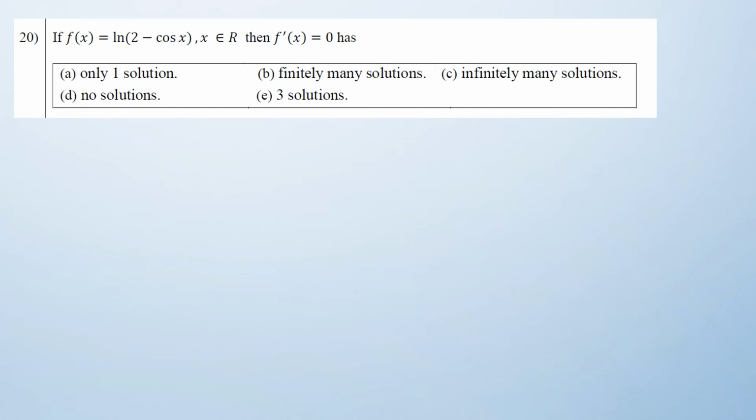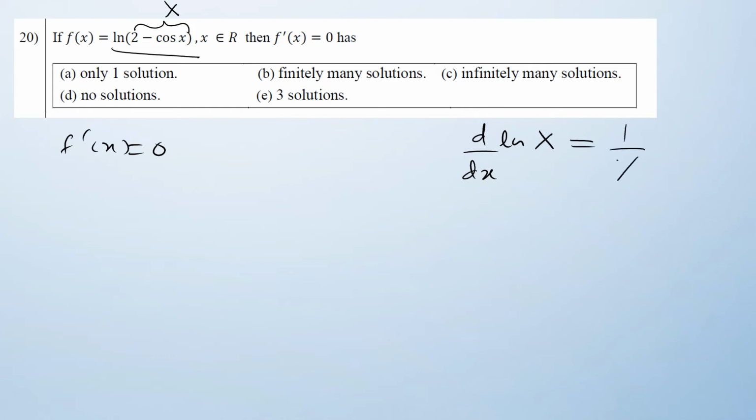Question number 20. We have to simplify the equation f'(x) equals 0. So you have to find the first derivative of the given function, which is in the ln form. If you consider this as capital X, we have d over dx of ln X, which equals 1 over X times the derivative of X with respect to x.